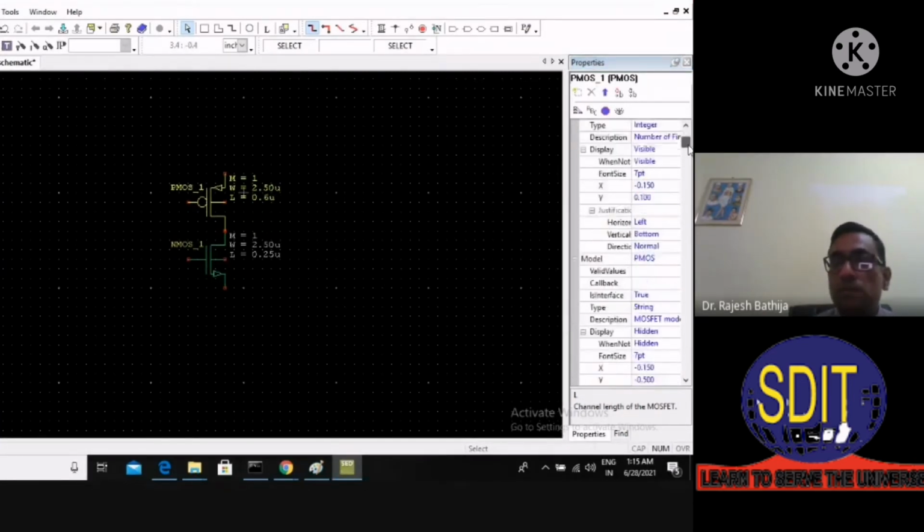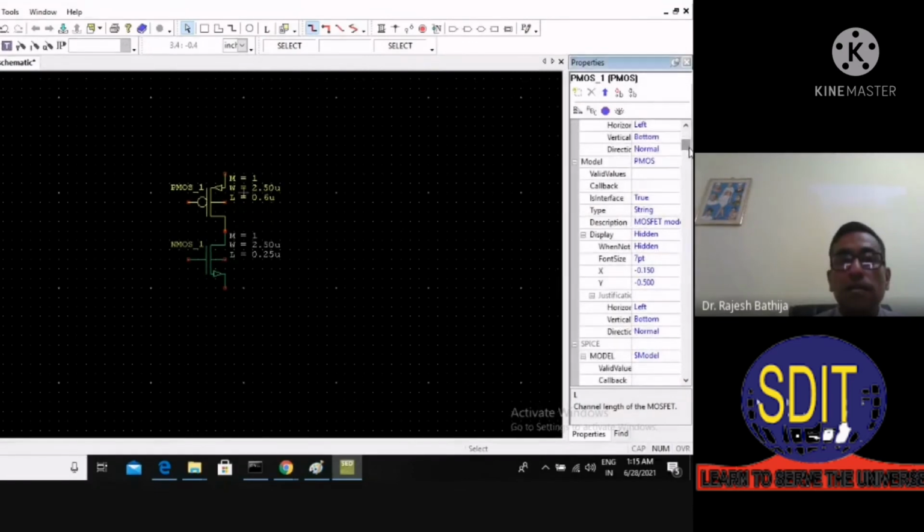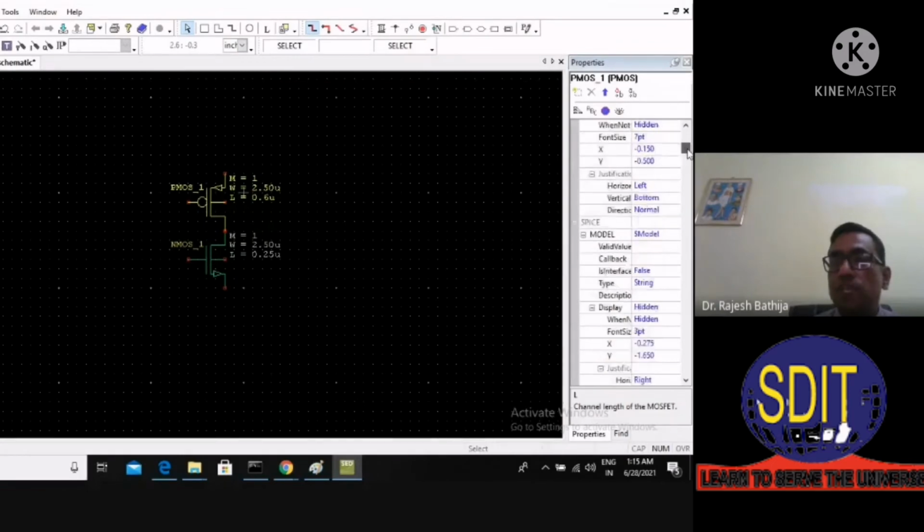Okay, so the W width is 3 times of the NMOS width. PMOS W width is 3 times of NMOS width. So I have to change here.